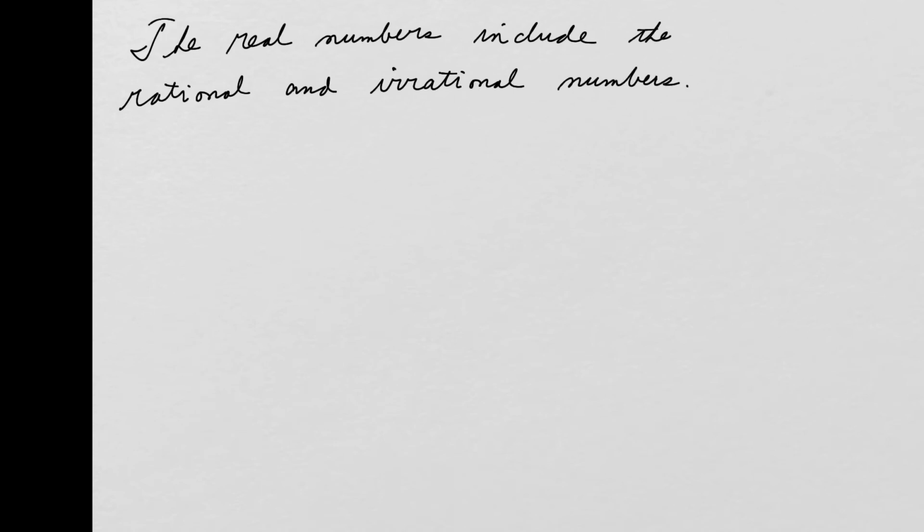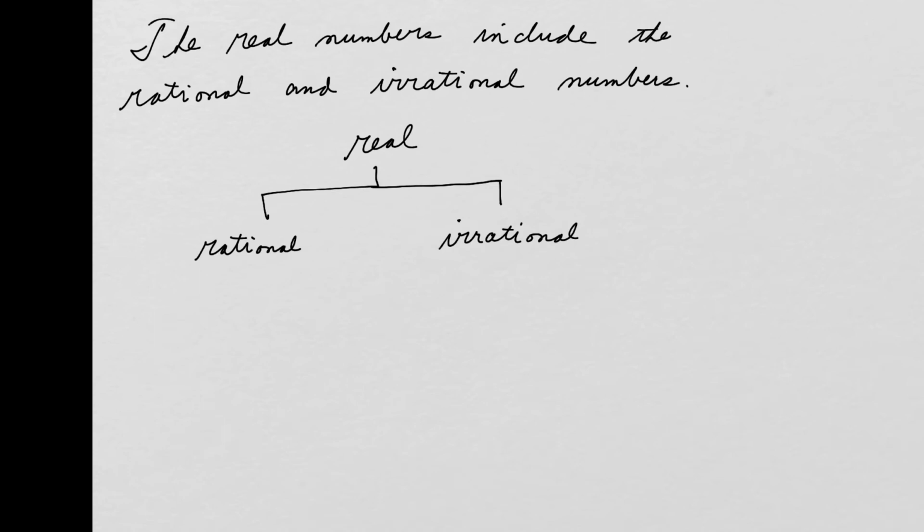Sometimes I'll illustrate it like this with a tree diagram. So here's the real numbers right up at top, and they include the rational, so like all of your fractions, and then irrational. These are numbers that can't be written as a fraction.